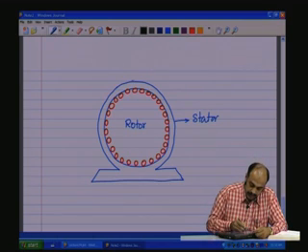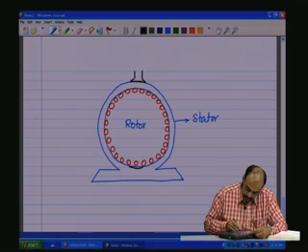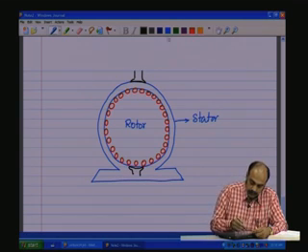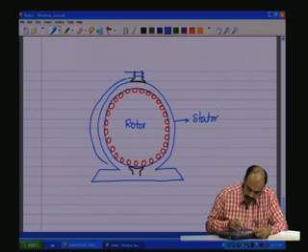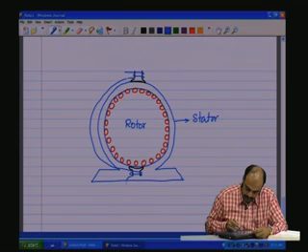That is done by having some coils here, and you can have a coil here which goes around and connects to this pole, then comes out.